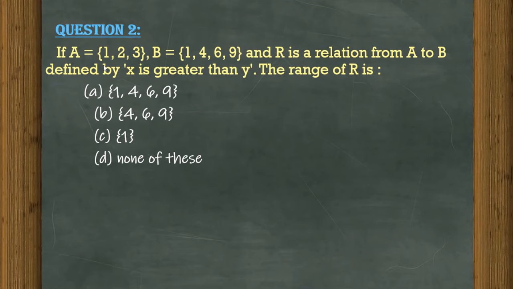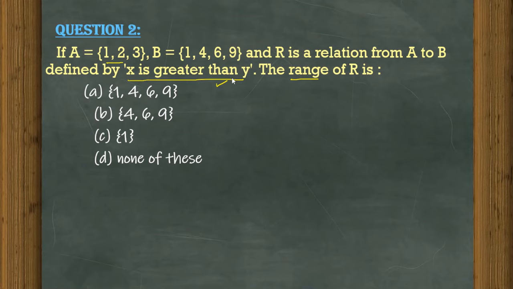Question number 2. If A is 1, 2, 3 and B is 1, 4, 6, 9 and R is a relation from A to B defined by X is greater than Y. This is the most important thing: how the relation is defined. Here we have to find out the range.